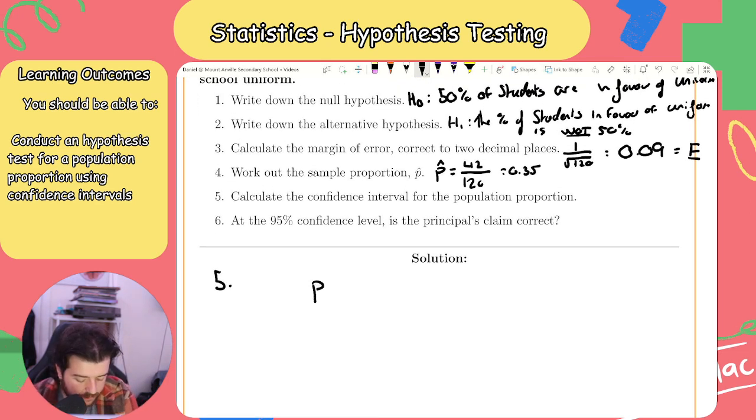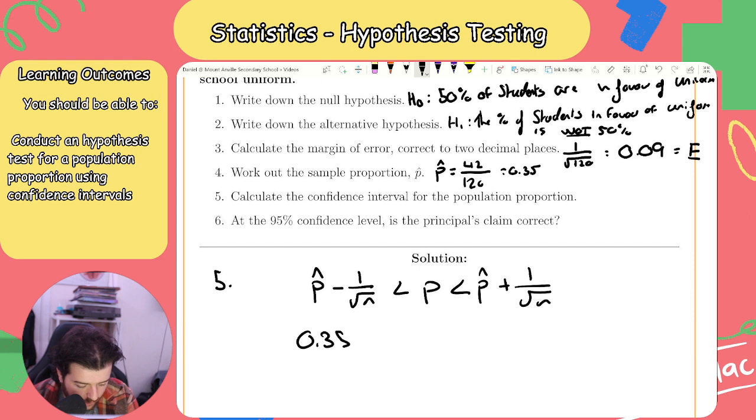Calculate the confidence interval. So that is p hat minus my margin of error is less than my true population proportion, which is less than p hat plus my margin of error. So that is going to be 0.35 minus 0.09, 0.35 plus 0.09.